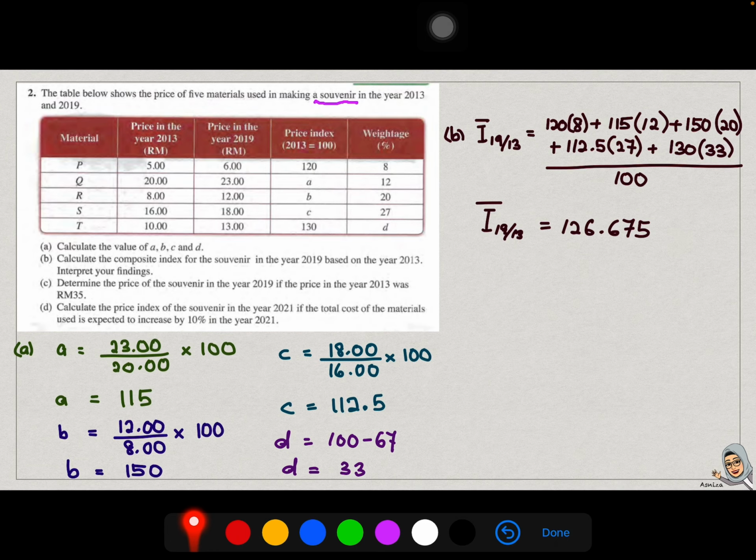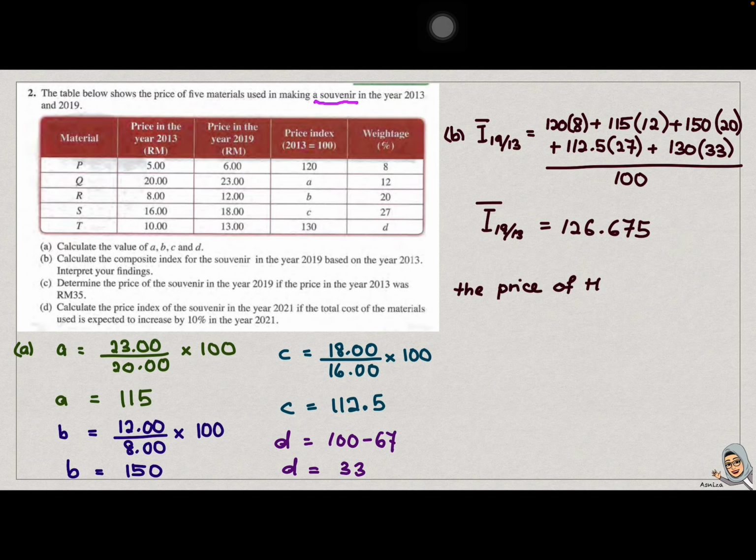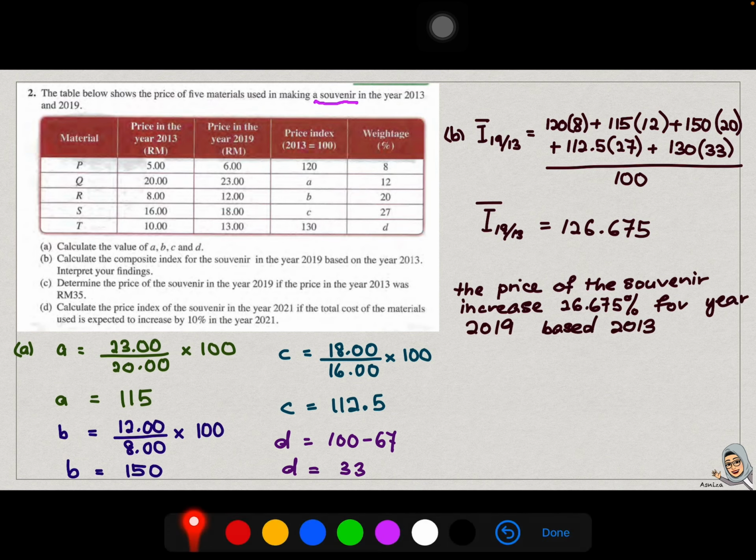This shows us that there is an increment in the price of the souvenir for the year 2019 compared to the year 2013. And then for C, we need to determine the price of the souvenir in the year 2019 if the price in the year 2013 was 35 ringgit.